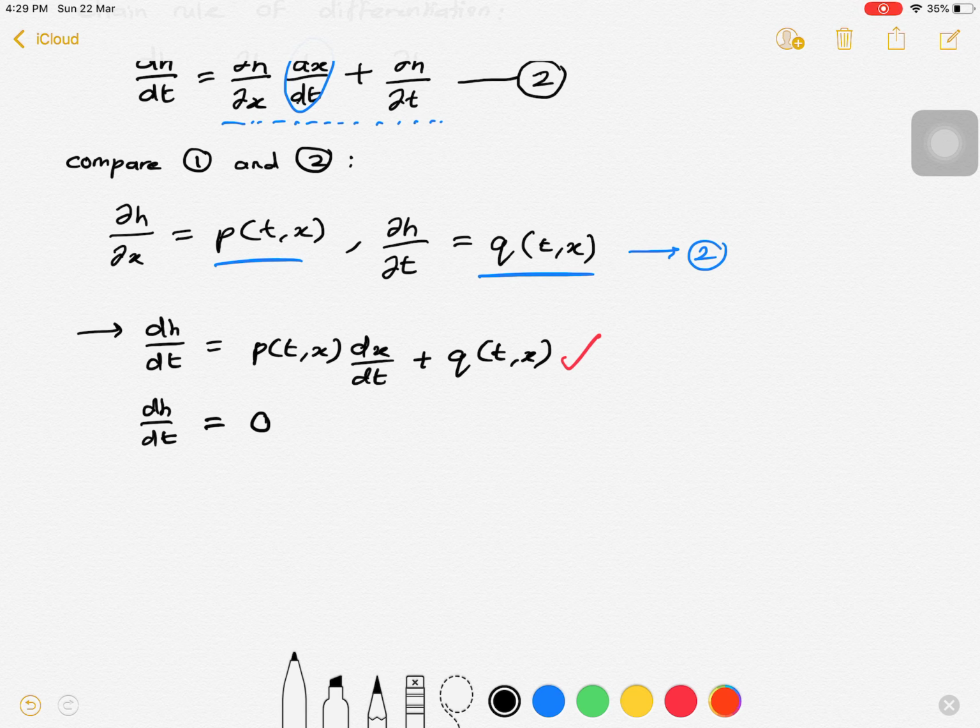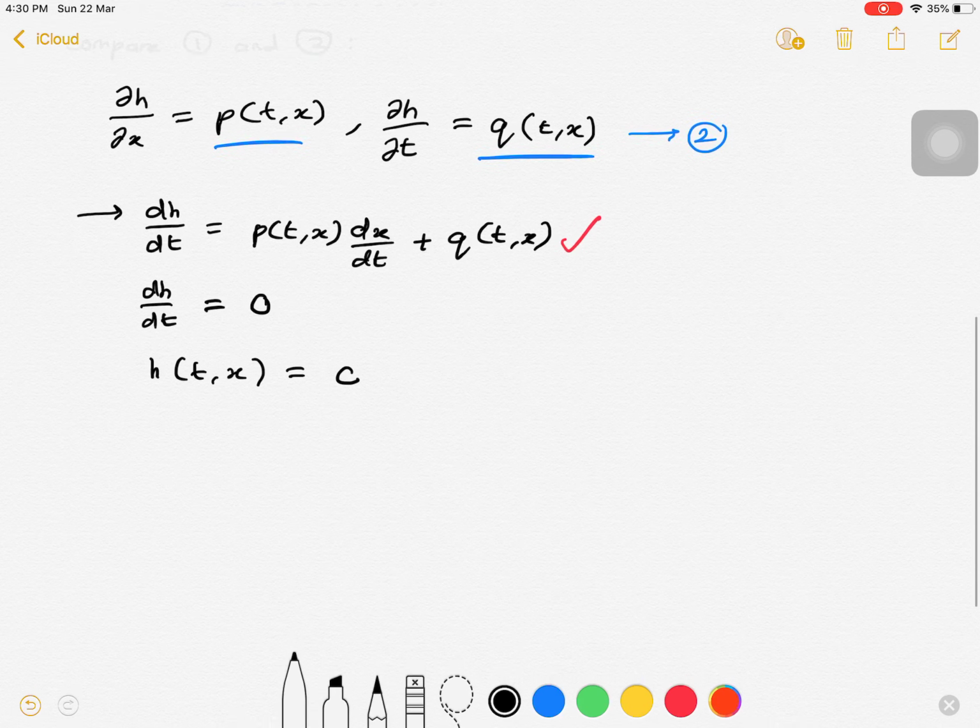So this is the solution for an exact equation. And from here, when we integrate it, we can find h(t, x) is equal to C. So this is the solution.